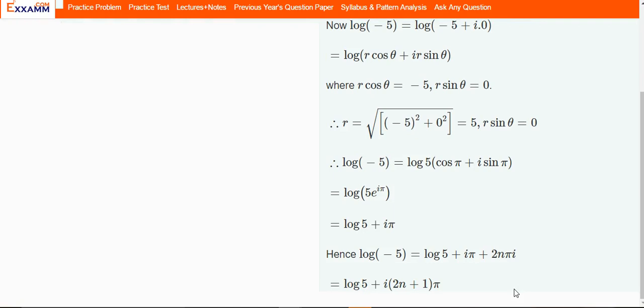When we separate it into real and imaginary parts, the real part is log 5 and the imaginary part is (2n plus 1) pi. So complex numbers not only help us find the solution in case of a quadratic equation where the value of b square minus 4ac is less than 0, but also help us find the logarithm of a negative number.